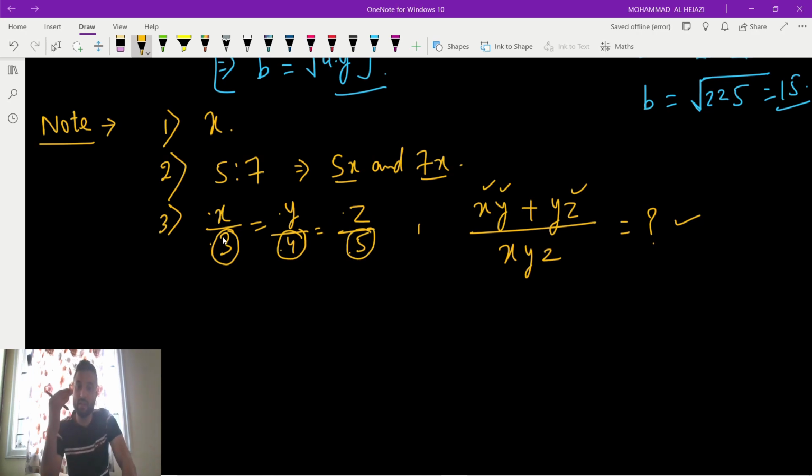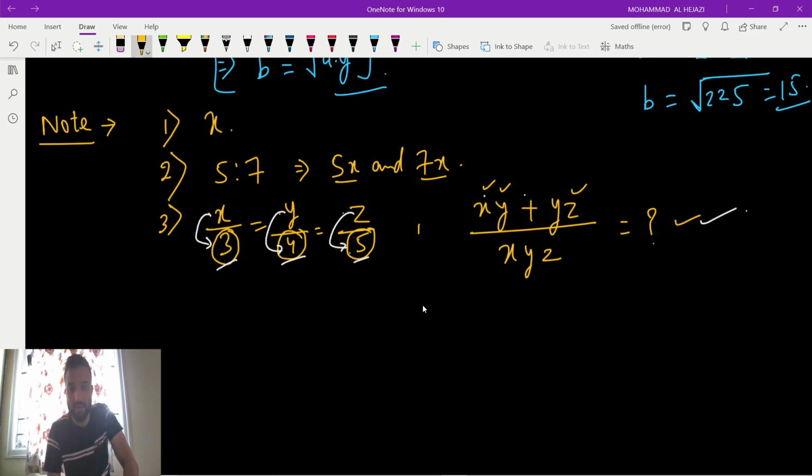Down the variable, its value is there. That's it, no need of any multiplication or steps. Directly take x value as 3, y value as 4, z value as 5. Substitute it here and you will get the answer.